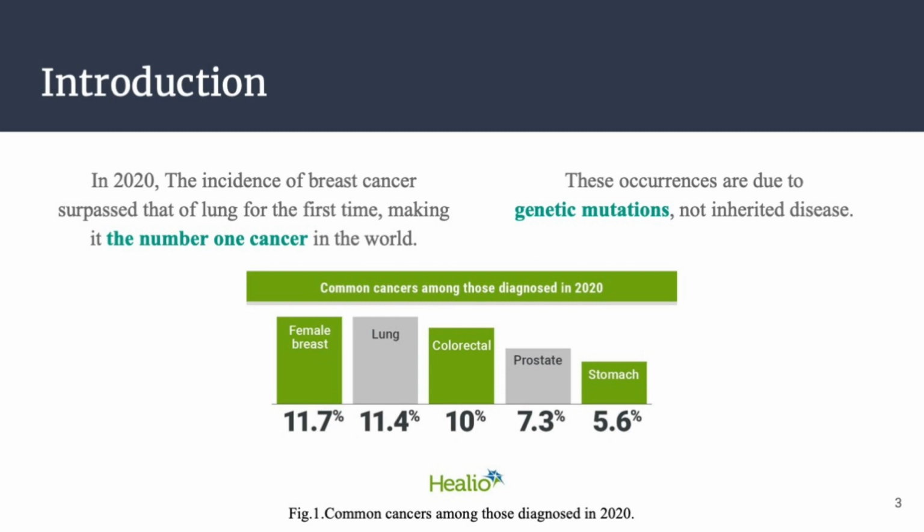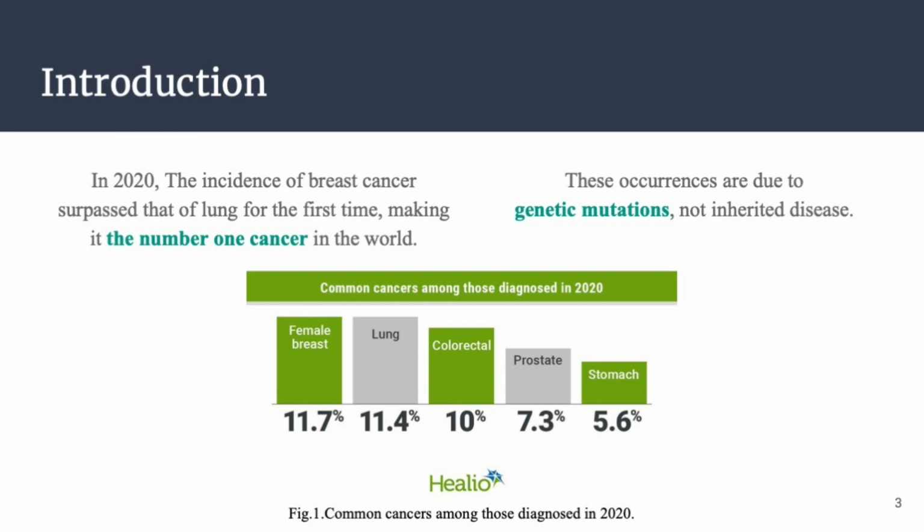According to the global cancer data released by the World Health Organization's International Agency for Research on Cancer, or IARC for short, in 2020, the incidence of breast cancer surpassed that of lung cancer in the entire population for the first time, making it the #1 cancer in the world.